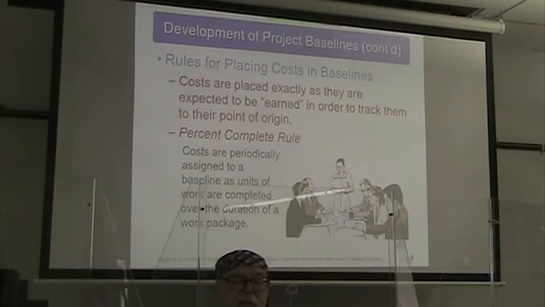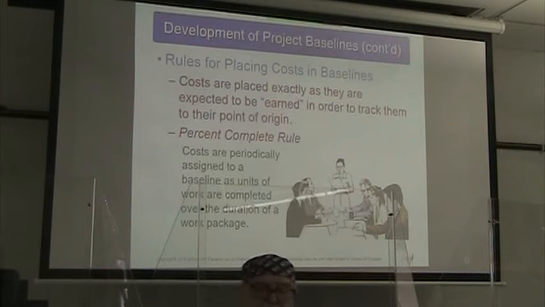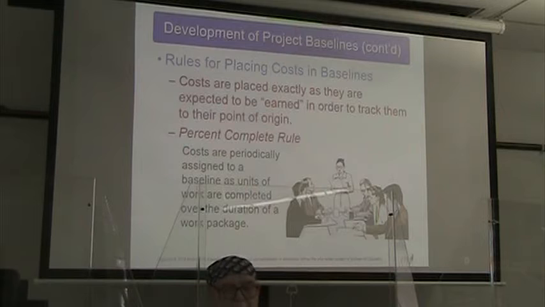We use the percent complete rule, where costs are periodically assigned to a baseline as the units of work are completed. And that is, of course, over the duration of the work package.